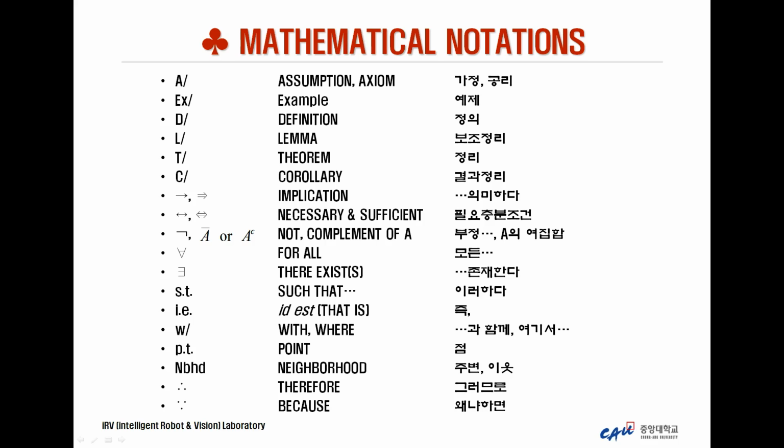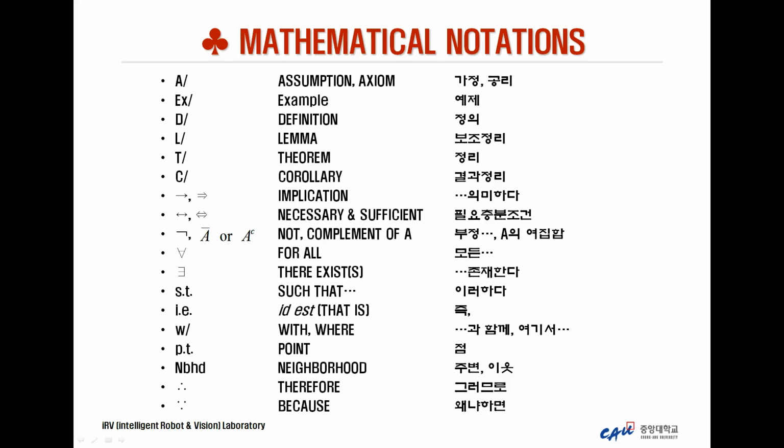L slash, T slash, C slash, they are all some kind of theorems: lemma, theorem and corollary, respectively. And the arrow is an implication mark, and the bidirectional arrow, I will call this some kind of necessary and sufficient condition.